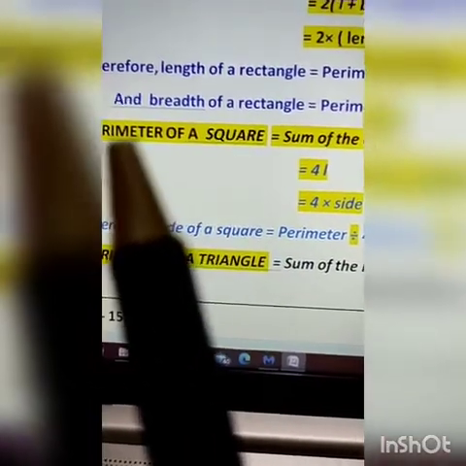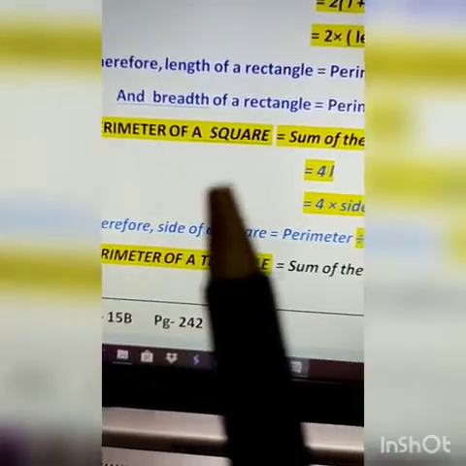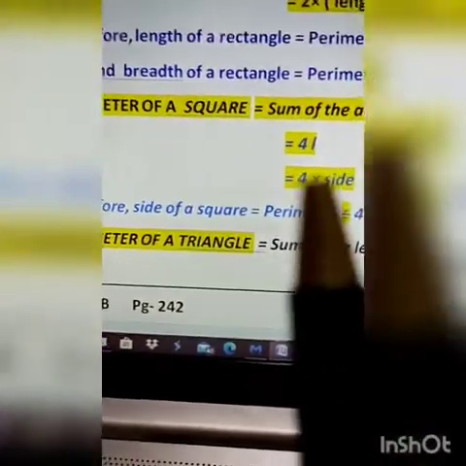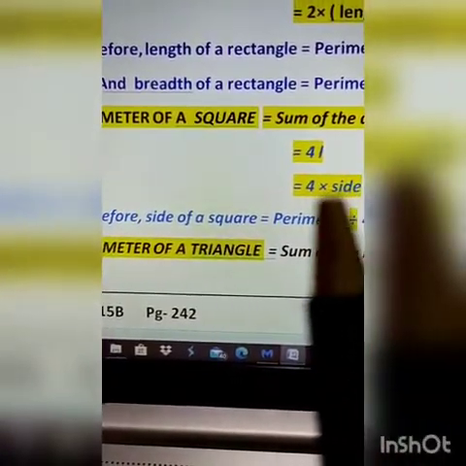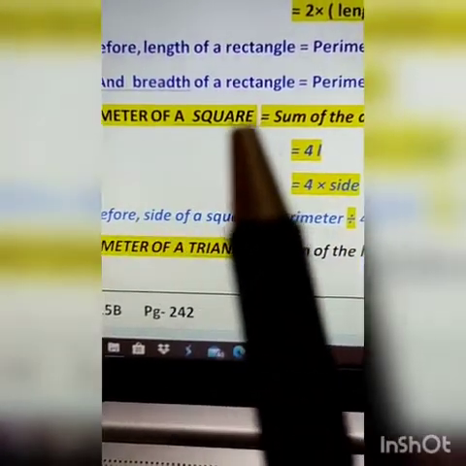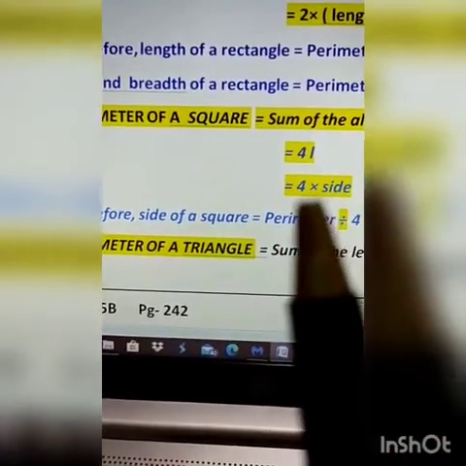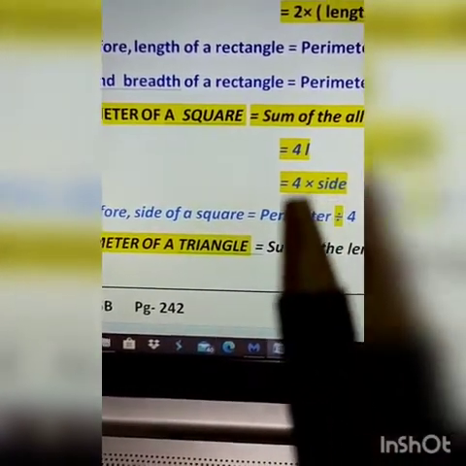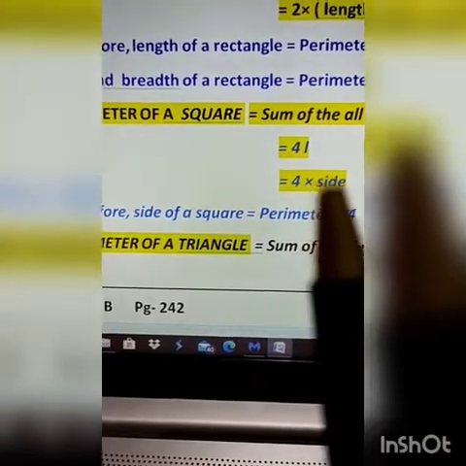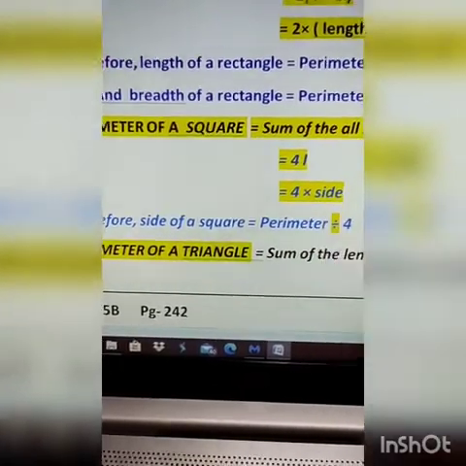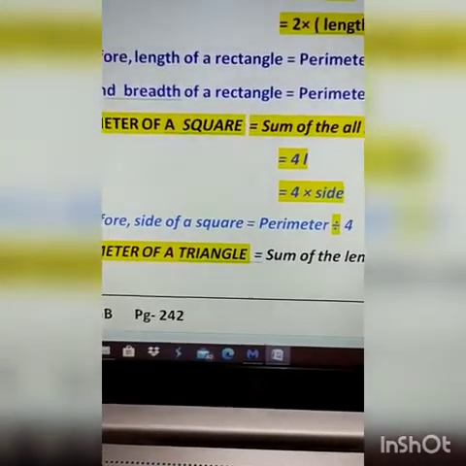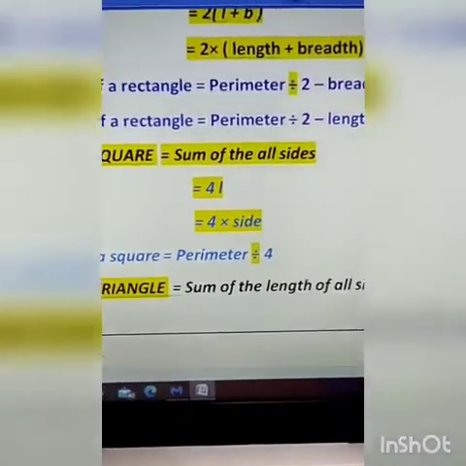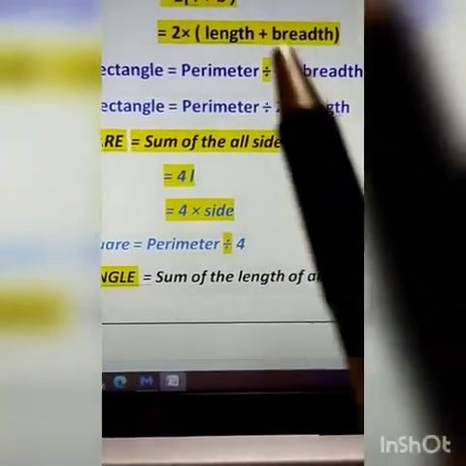And if you have to find out perimeter of the square and side is given, then the formula we all know, perimeter of a square is equal to 4 into side. So, these three new formulas today I am explaining to you.